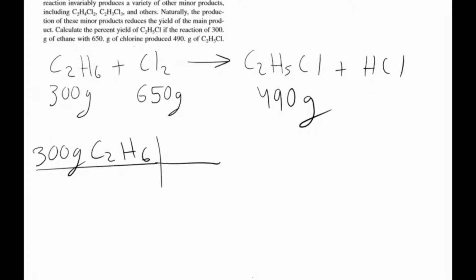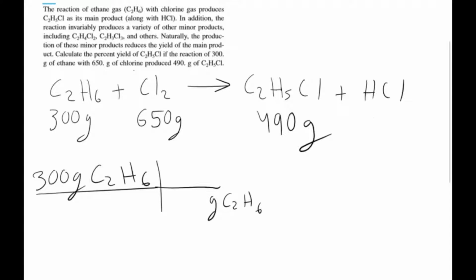So here we set up a dimensional analysis, 300 grams of ethane. We put the grams of ethane down here so that we can cancel it out, and we're going to put moles of ethane up here, and 1 mole of ethane is 30.07 grams of ethane.